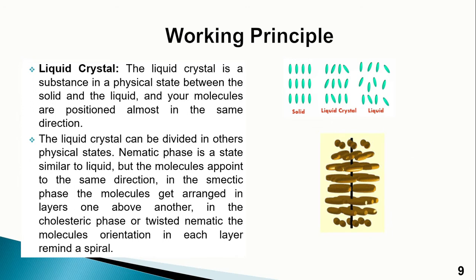Nematic phase is a state similar to liquid, but the molecules point to the same direction. In the smectic phase, the molecules get arranged in layers one above another. In the cholesteric phase or twisted nematic, the molecules oriented in each layer form a spiral.